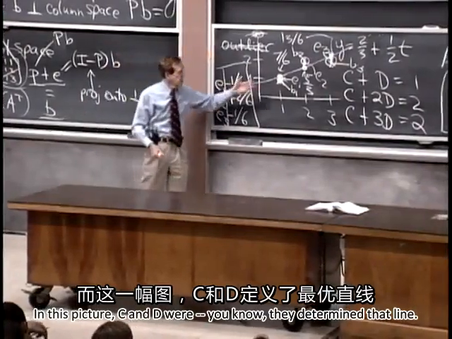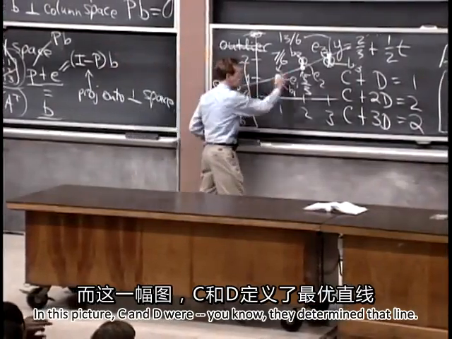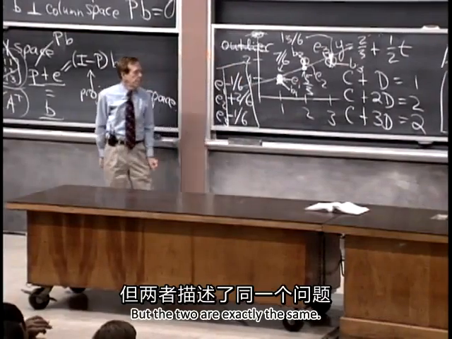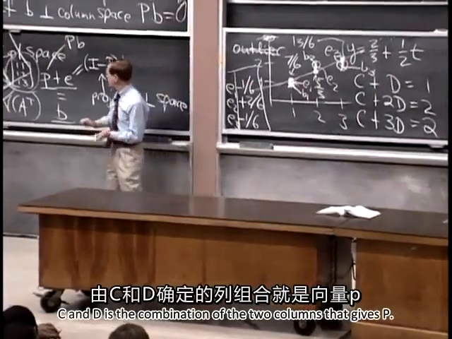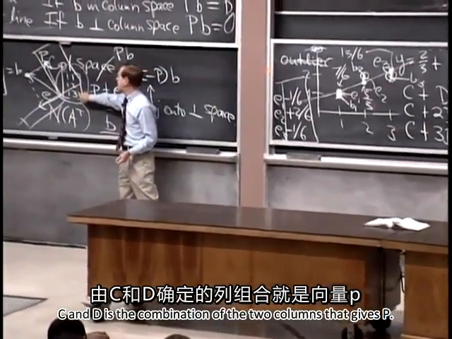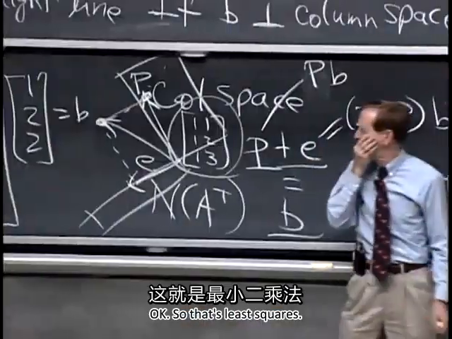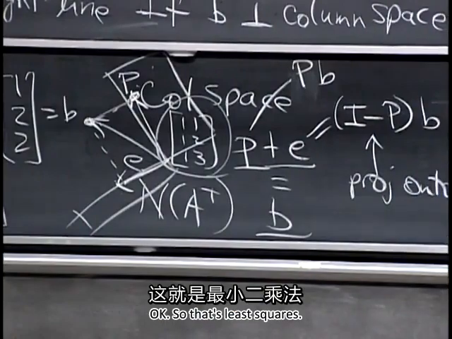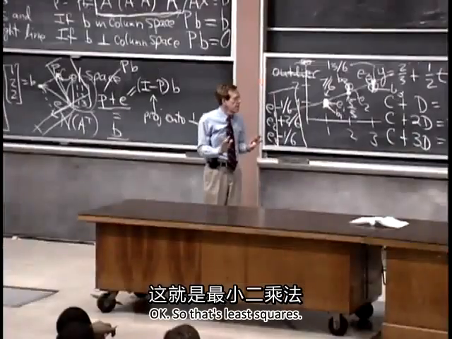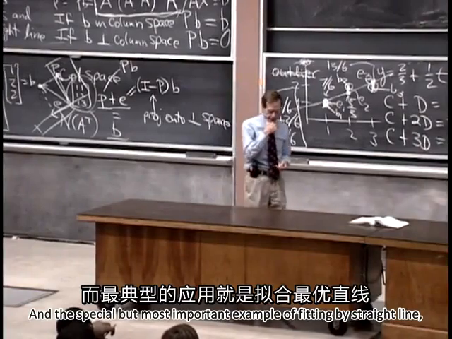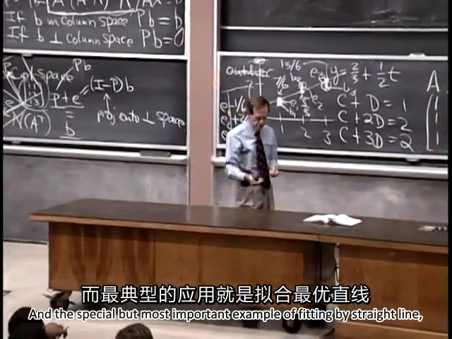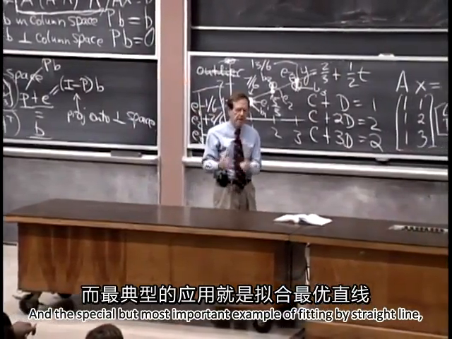In this picture, C and D determined that line, but the two are exactly the same. C and D is the combination of the two columns that gives P. Okay. So that's least squares. And the special but most important example of fitting by straight lines.